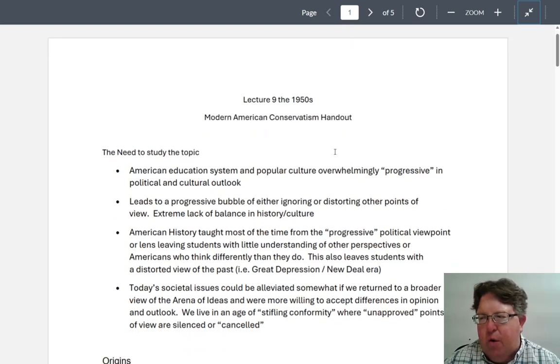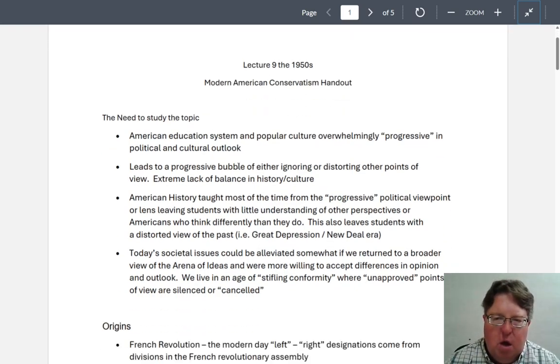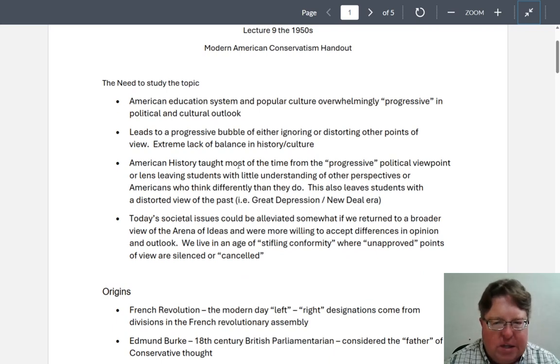And so, I talk about why we need to study the topic. Why do you need to know this? Why do I think this is extremely important as a topic? The American education system and popular culture is overwhelmingly, quote unquote, progressive, and I'll even say Marxist in political culture and outlook.